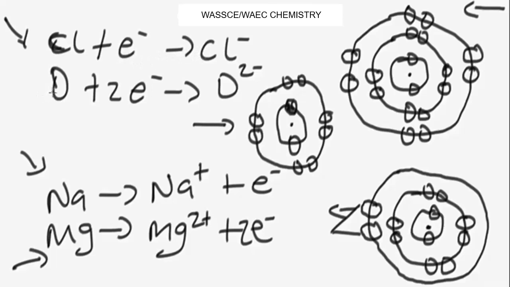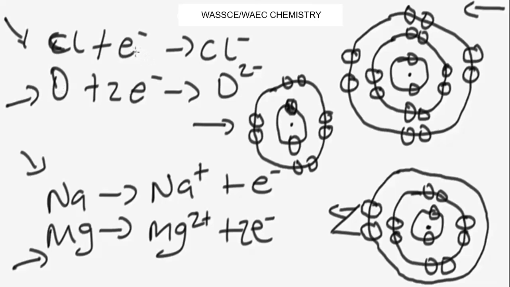Group 6 elements include oxygen. We also have sulfur. Sulfur is in group 6, so they will gain 2 electrons to attain stability like that of noble gases. So they normally form a double negative charge. That's a 2- charge, just like this oxide ion we have here.